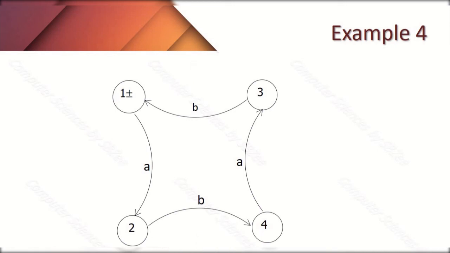State 1 has both initial and final signs, meaning the machine generates lambda, and we know 0 is an even number, meaning no A's and no B's. The machine gets A, B, A and B, meaning 2 A's and 2 B's.